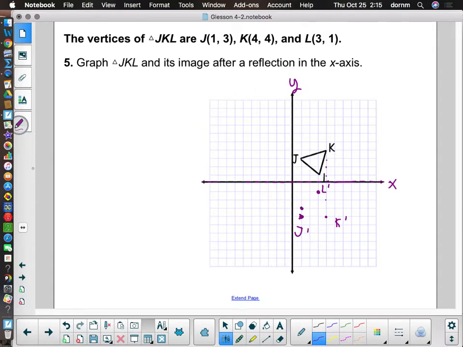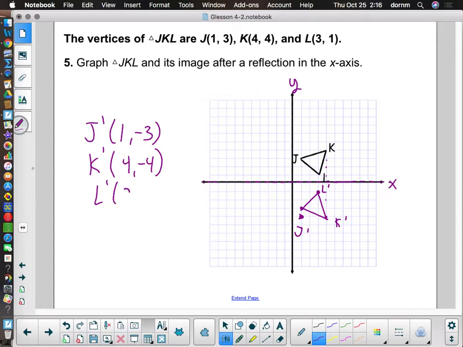There's J primed. My bad. When I look at the coordinates, J primed is now at 1, -3. K primed is at 4, -4. And L primed is at 3, -1. So the x coordinates did not change, but the y coordinates just changed sign when I reflected in the x-axis. Well, that's kind of nifty.